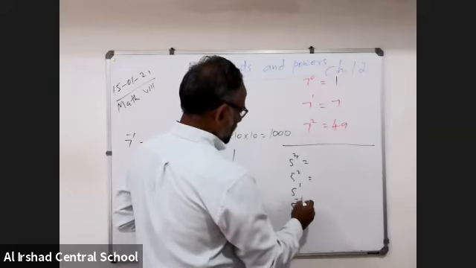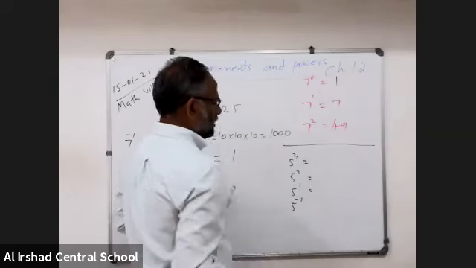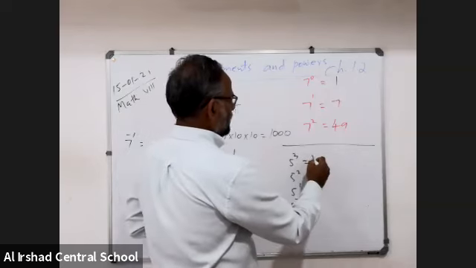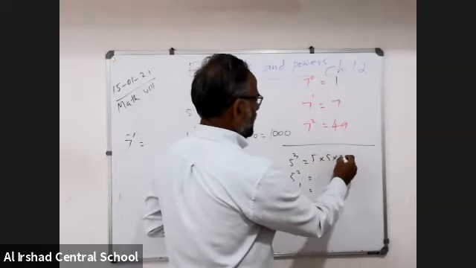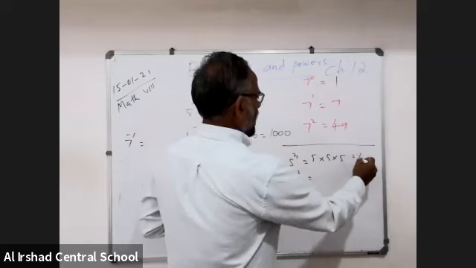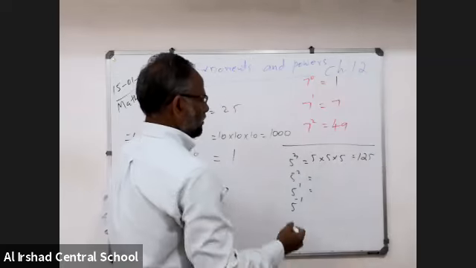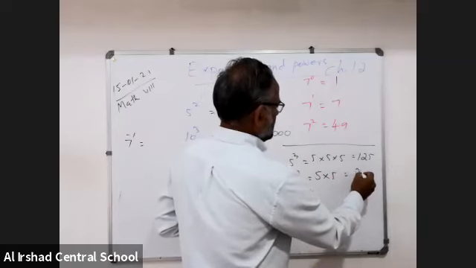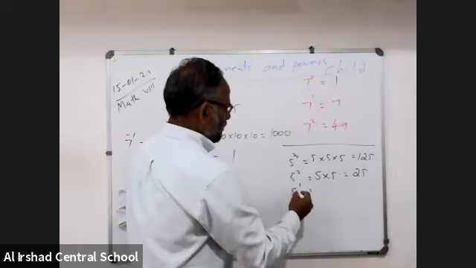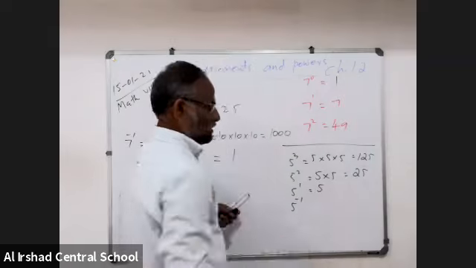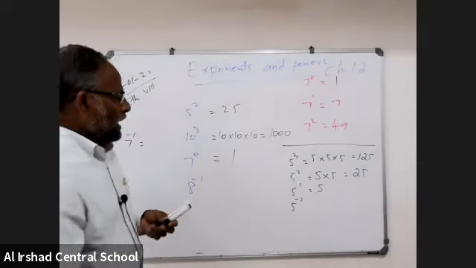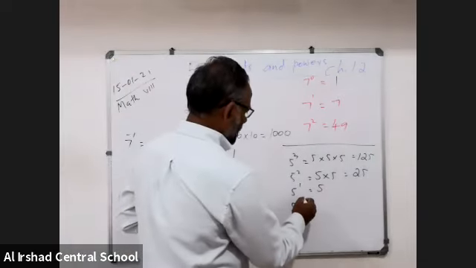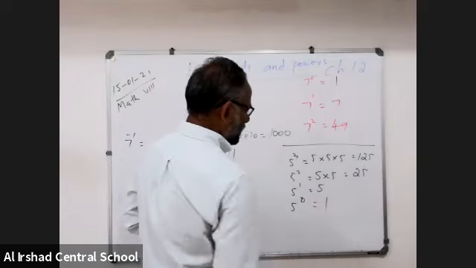Here 5 to the power of minus 1. 5 cube, you know 5 into 5 into 5, and that is 125. And 5 square is 5 into 5, that is 25. And 5 to the power of 1 means 5 only. And 5 to the power of 0 means 1 only.